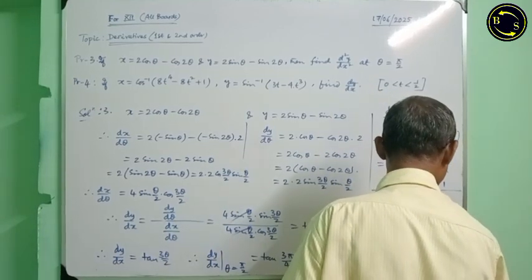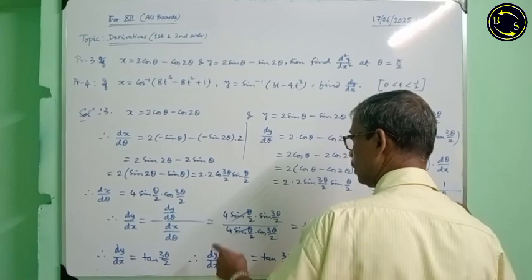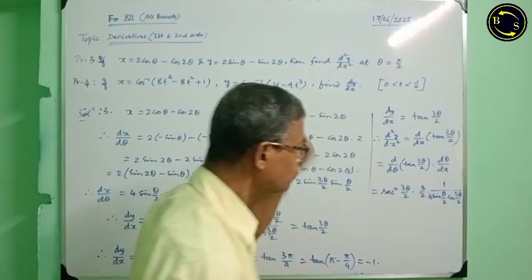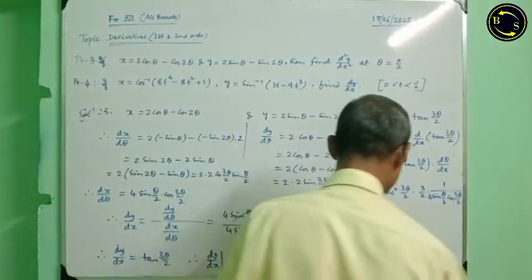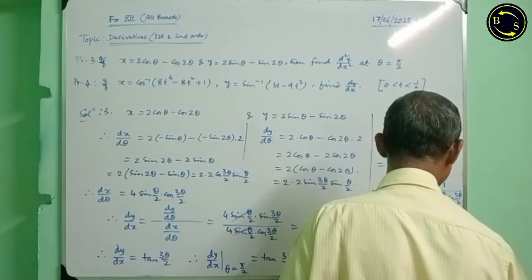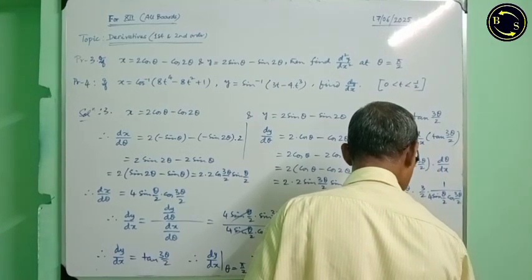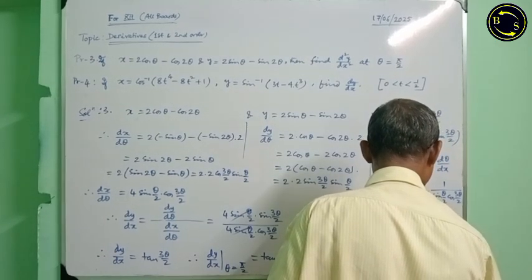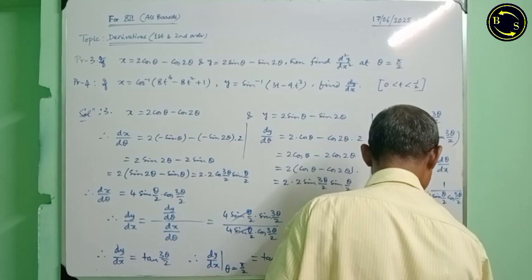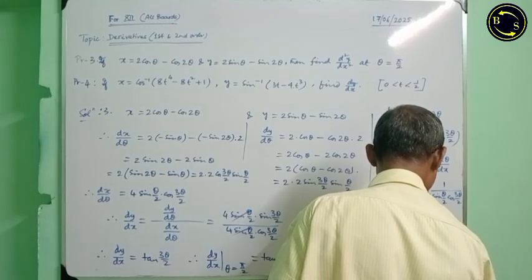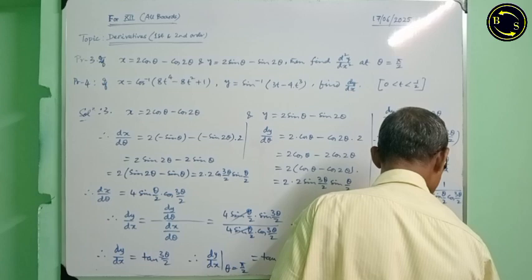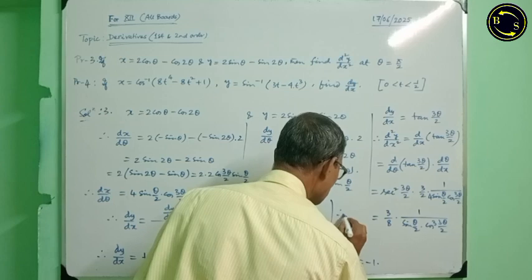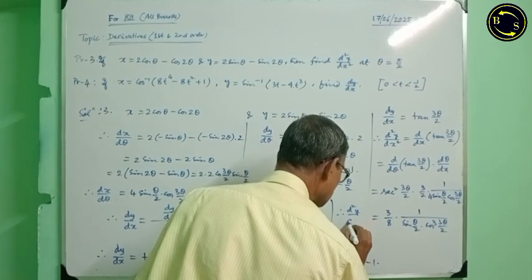1 by 4 sin theta by 2 cos 3 theta by 2. That is equal to 3 by 8 into 1 by sin theta by 2 into cos cube 3 theta by 2. d2y dx2 is this one.